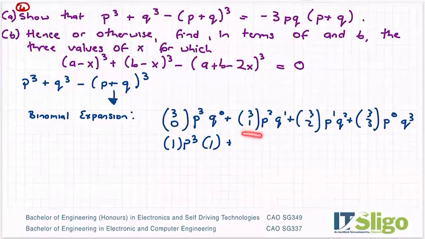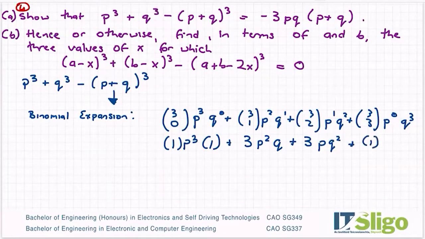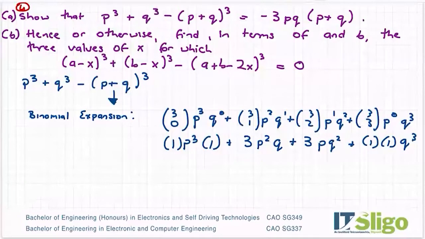If you nCr into the calculator 3, 1, you get 3. p cubed by q, plus if you put 3, 2 into your calculator nCr, you'll get 3pq squared. And if you put 3, 3 into the calculator, you'll get 1 again, q cubed for that one.